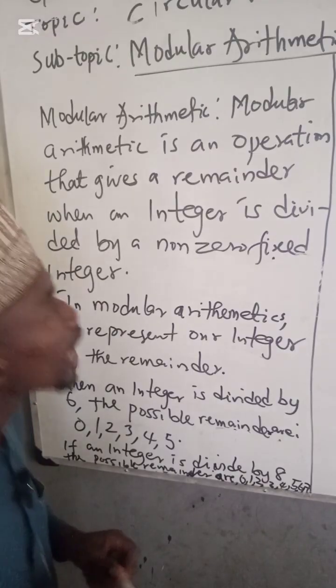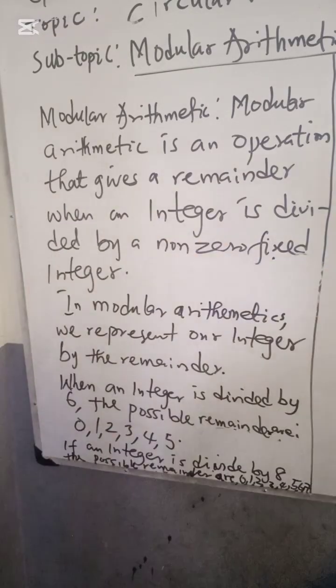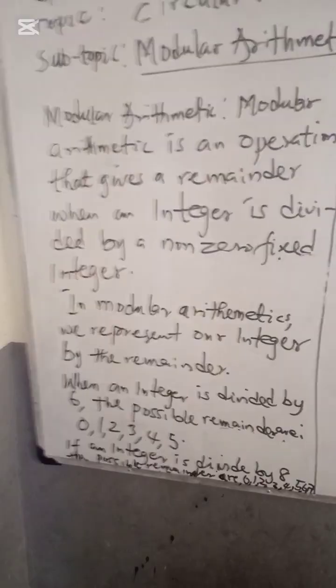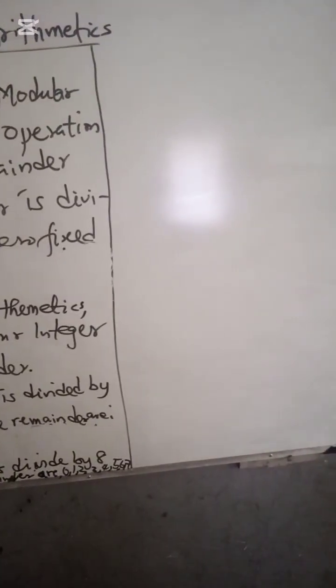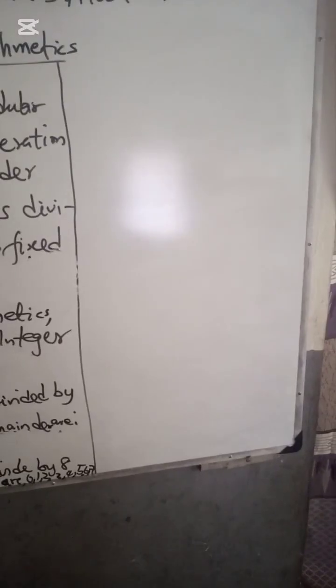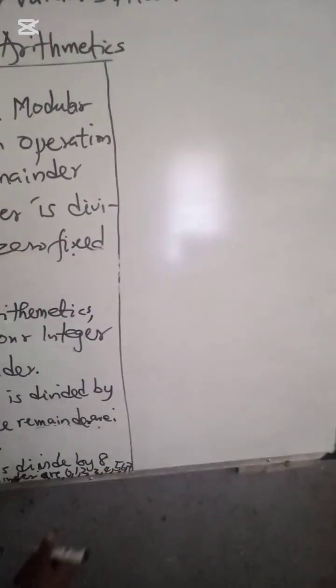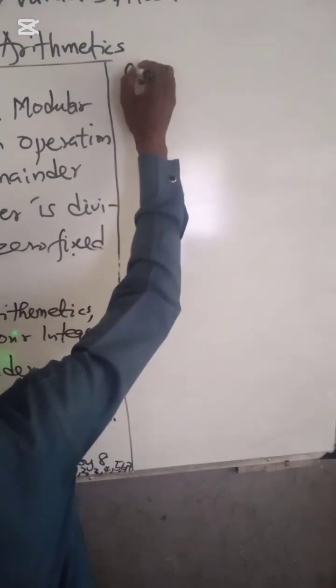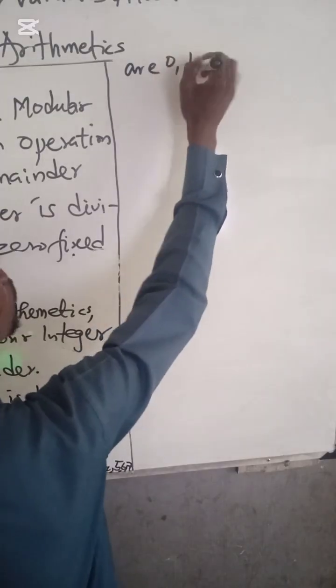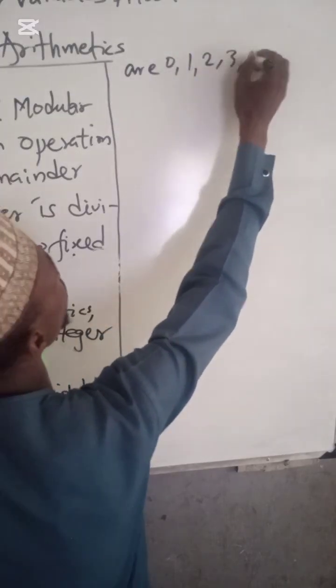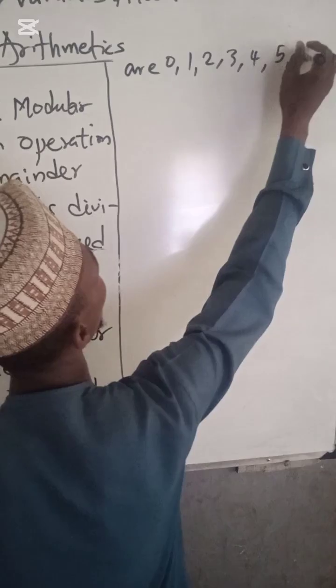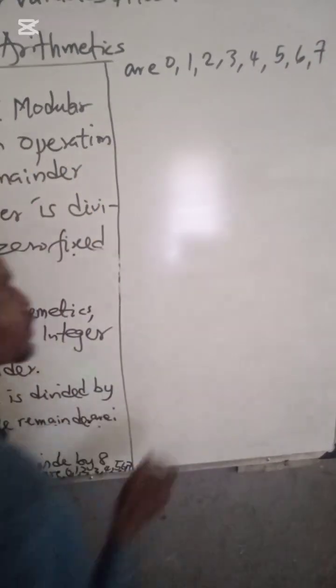Are we seeing it? We are back. We said the possible remainders are 0, 1, 2, 3, 4, 5, 6, 7.